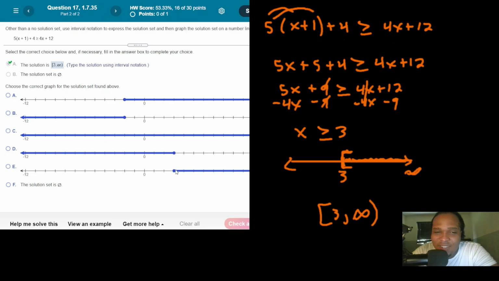Hey, I noticed something. They're changing up the notation just a little bit, and I'll show you what I mean. So far we've been using this bracket here, right? But did you know that instead of using a parentheses, you can use an open circle, and instead of using the bracket, you can use a closed circle?